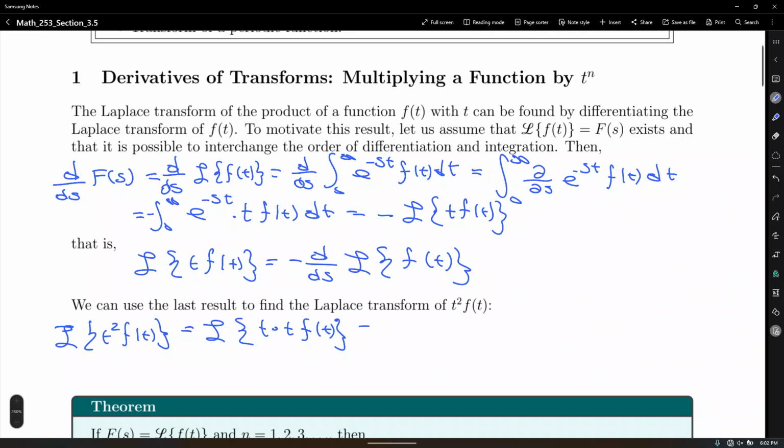This would be negative d/ds of the Laplace transform of t f of t. So what did I do? I got rid of one power of t by differentiating, and we are left with one power. We still need the Laplace transform here.